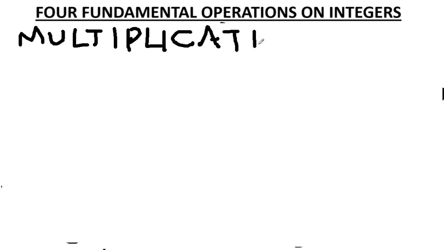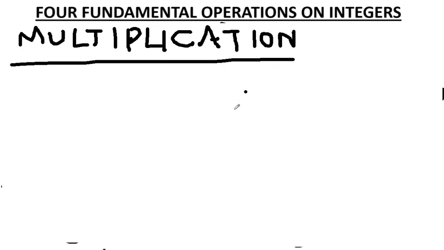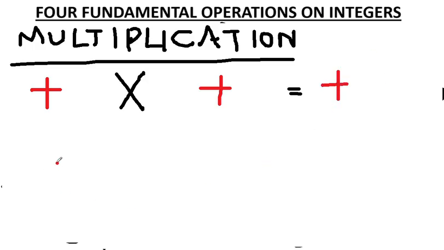Okay, multiplication. Now I'm going to write the formulas first. Multiplication, when we have two positive numbers and we try to multiply them, we get a positive answer. Okay?